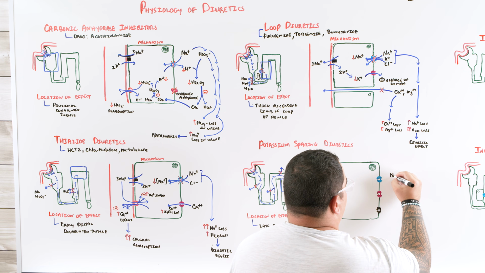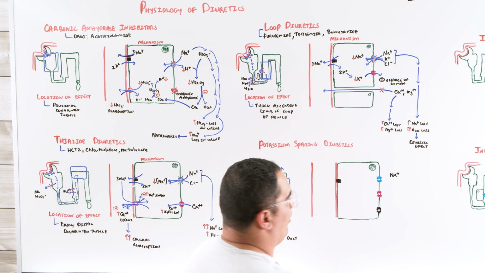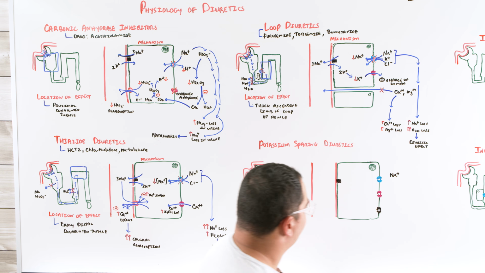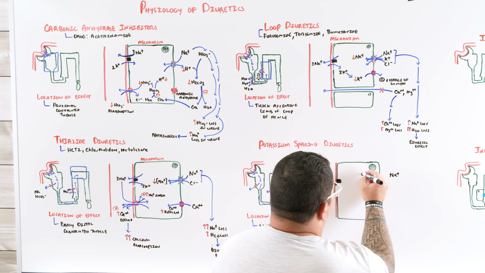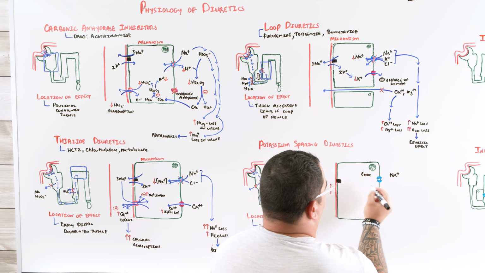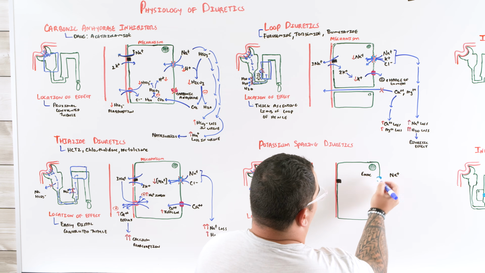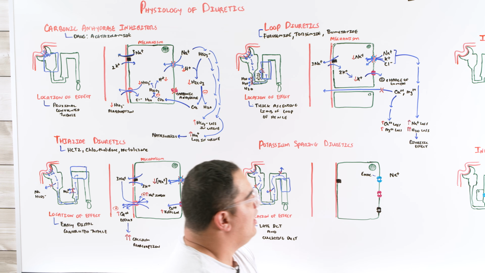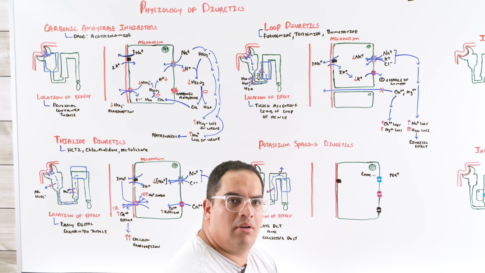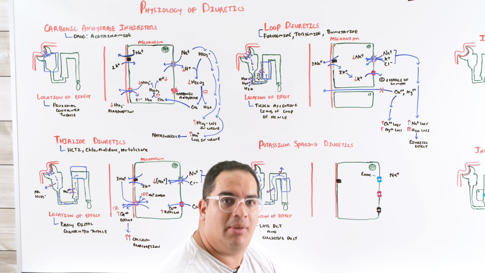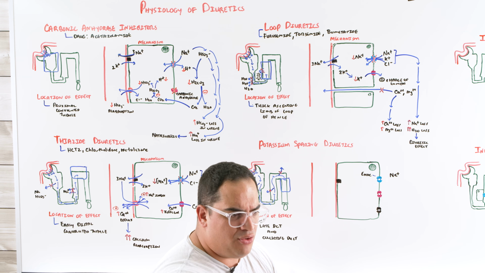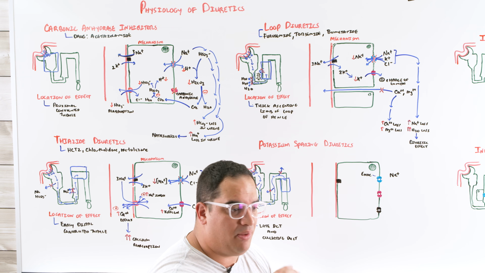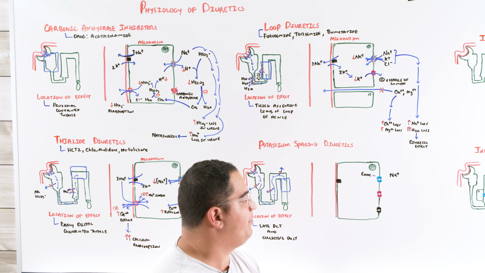So what you'll notice here is that in this area, there are these channels, and these are called your ENaC channels. These are called your epithelial sodium channels. Now these ENaC channels are controlled a couple different ways. One is they can be controlled by aldosterone, and that's usually the biggest way, but we can also affect them with other drugs that just directly bind to this channel.